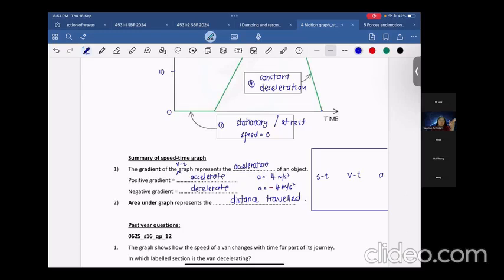Starting from distance, distance divided by time, we can get the speed. Speed divided by time, we can get acceleration. When we find the gradient of the distance time graph, we will get the speed. When we find the gradient of the speed time graph, we will get the acceleration.